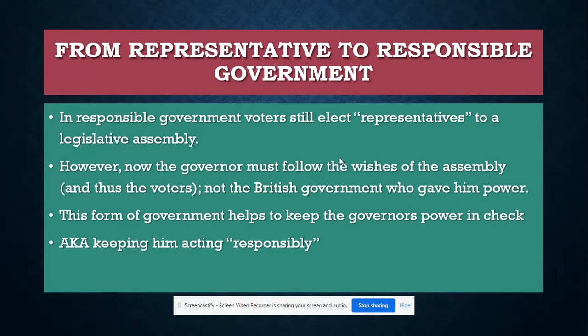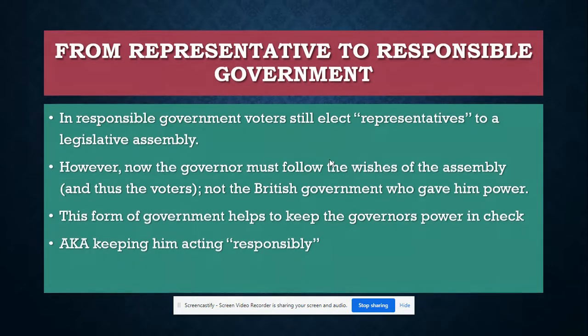So it kind of gets rid of that line in between the assembly and the governor. It also is a way to keep the governor responsible. So he is no longer the ultimate power. In fact, he is being forced to listen to the desires of the legislative assembly, which come from its voters.